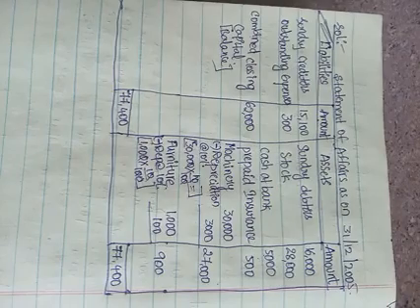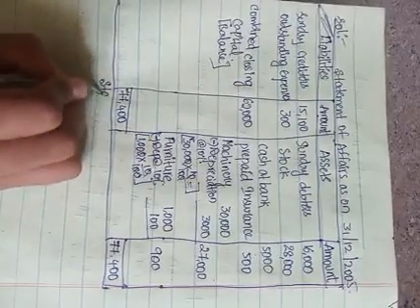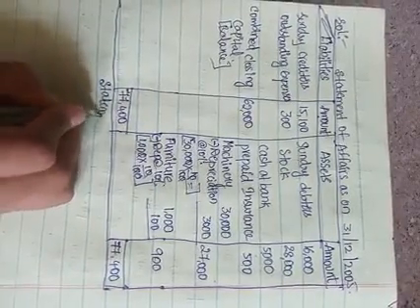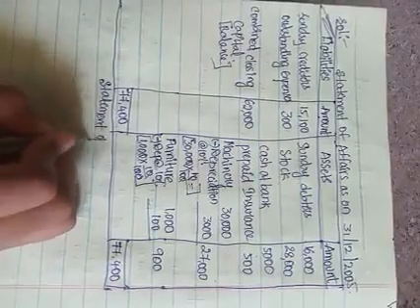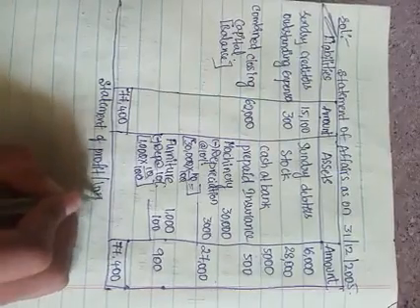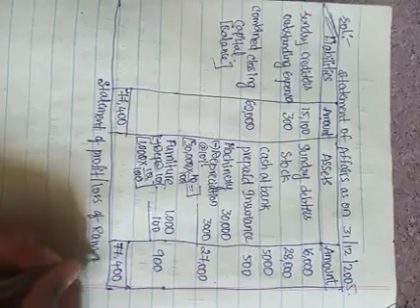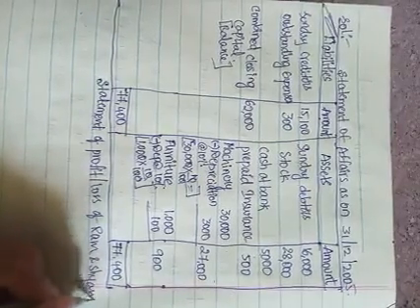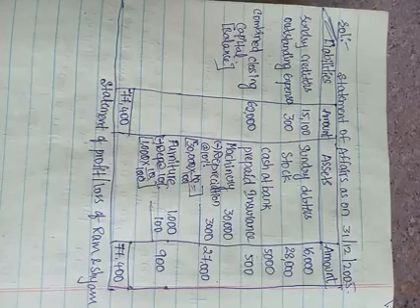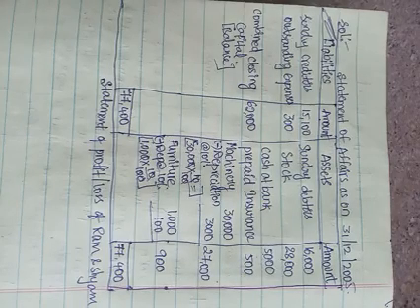Next is statement of profit or loss of Ram and Shyam. What is the pro forma?